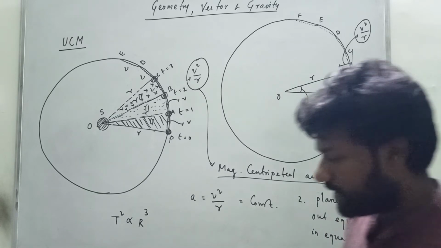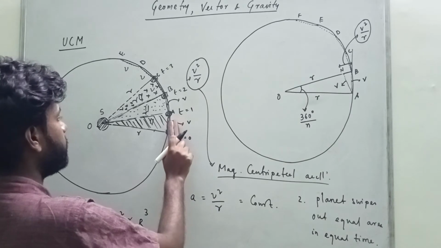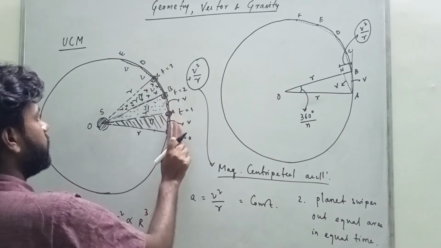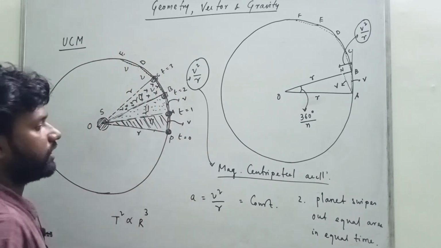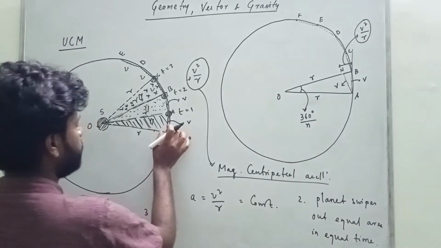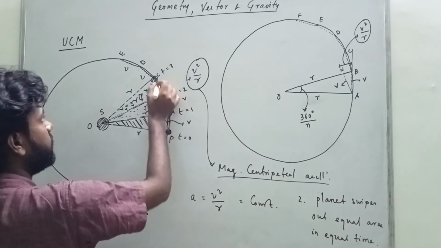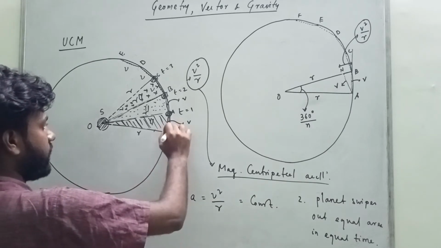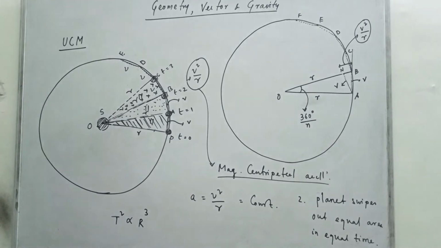What is T? T means, if the planet goes from here and then comes back to here, the time period of the planet, when the planet travels down this circular path and comes back to the initial position, it is called the time period, right?